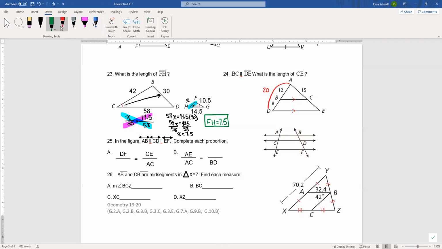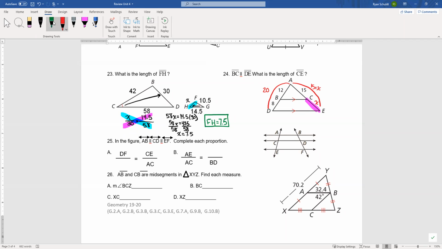Now they ask me for the length of CE. So they want to know, okay, what's this? Well, let's just call it X. That means this whole side then is 15 plus X.